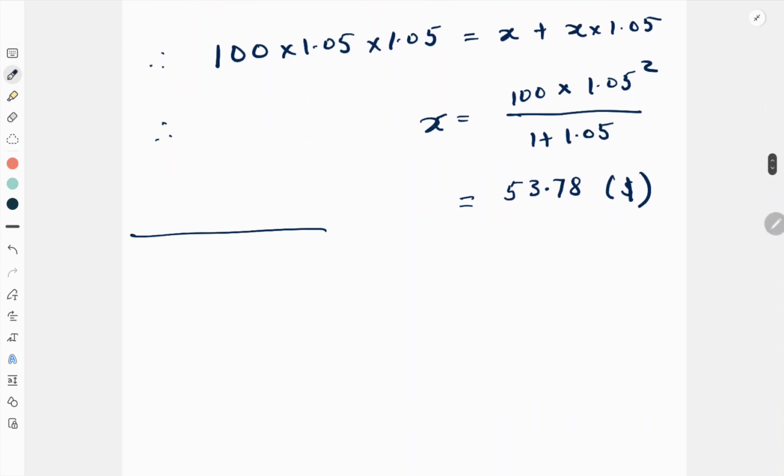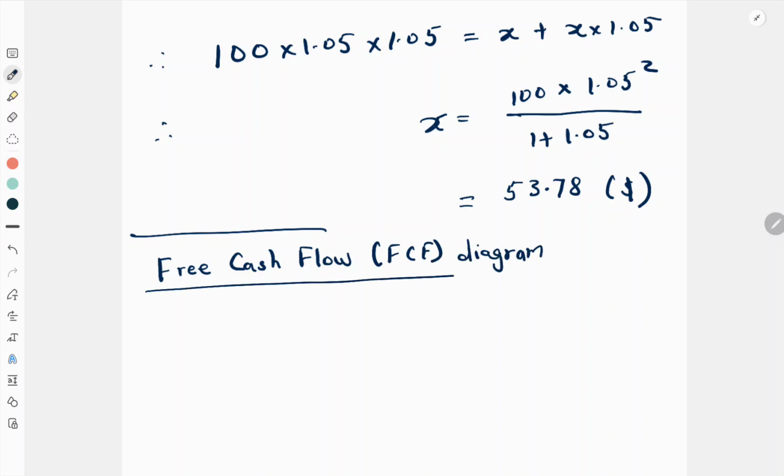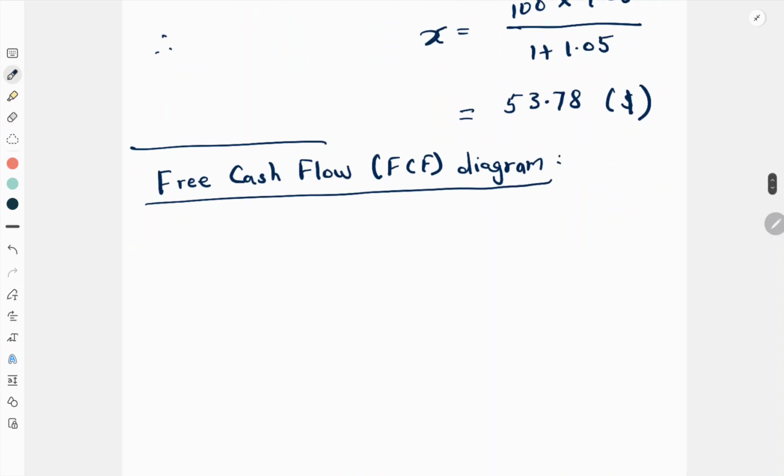Now let's take another look at what is happening here. I'm going to call it a free cash flow diagram, or the FCF diagram, and this will probably give us a better idea of what is happening.